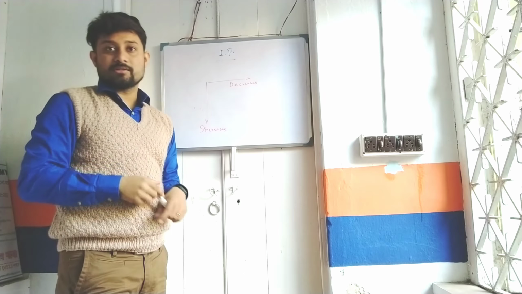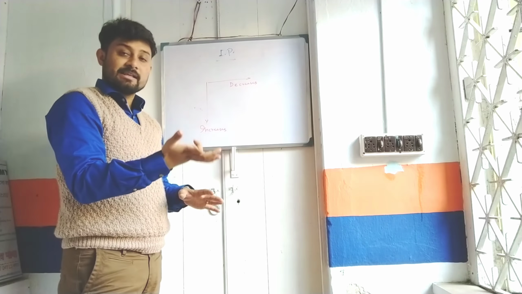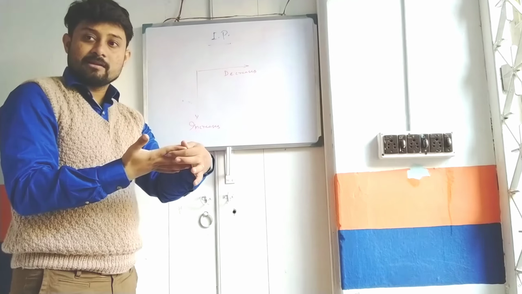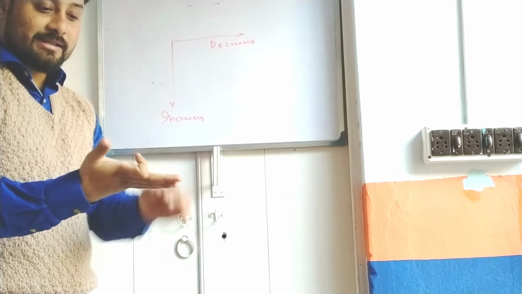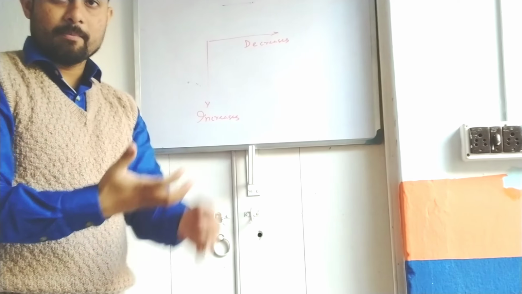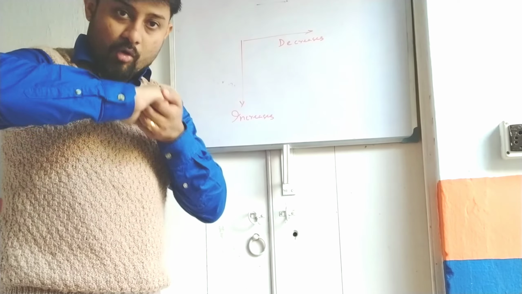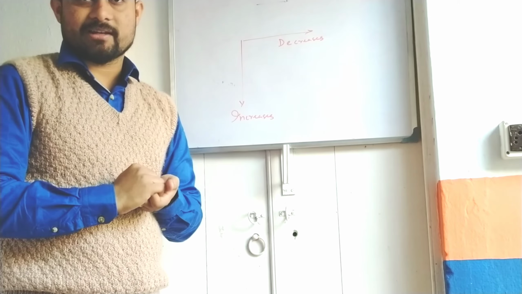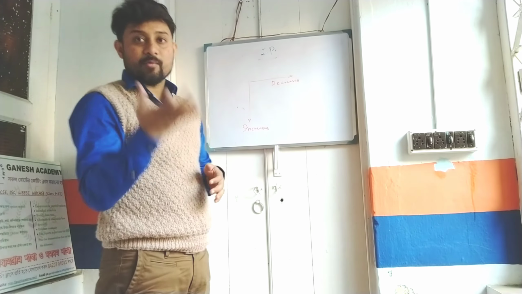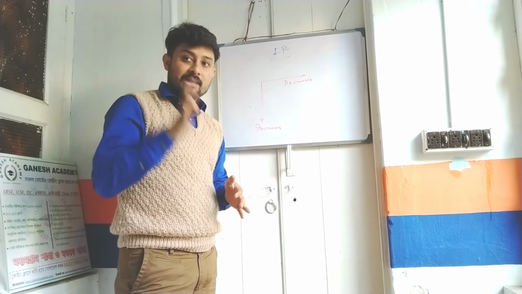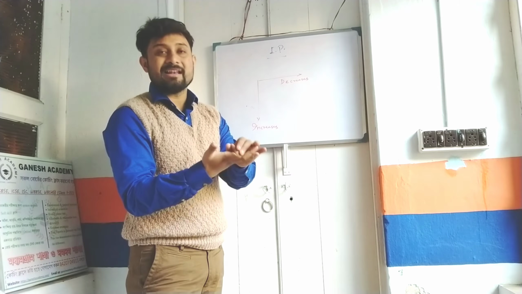Suppose you hold a finger like this, it could be easily removed, easily opened. But if you hold all the 5 fingers like this, the force needed to open your hand is greater. So if we have one electron at the outermost orbital, the IP becomes less.